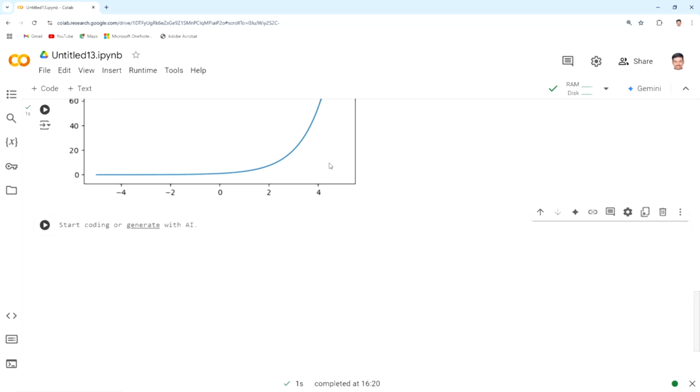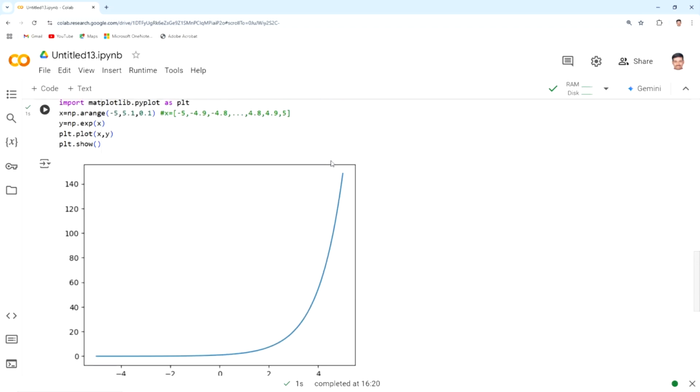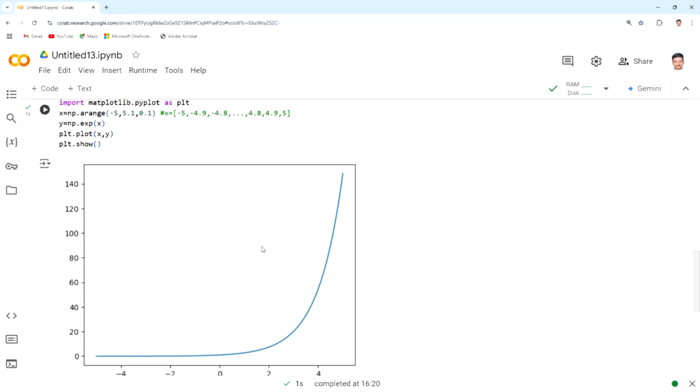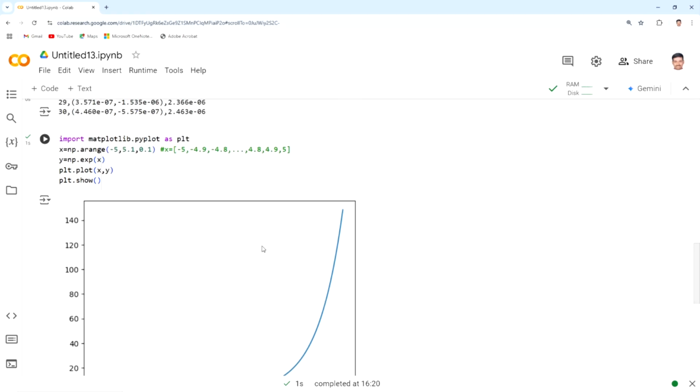Yeah. So, here is the plot, you can see that it starts from minus 5 below and ends at plus 5, and you have a nice e power x curve, right. So, we can plot any other plots of this sort. Okay.